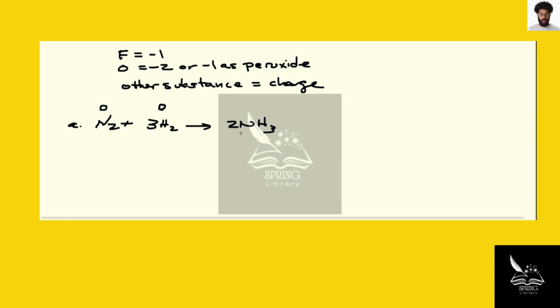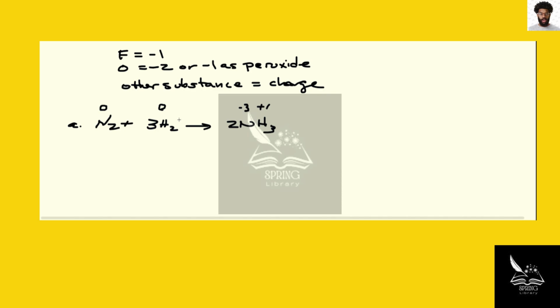And so what's happened over in NH3? Well, H normally has a +1 charge, so the oxidation state of each hydrogen is +1. There's 3 of them. So the overall oxidation state of 3 hydrogens is +3, but we look at each individual one separately. Nitrogen is normally found as a -3.